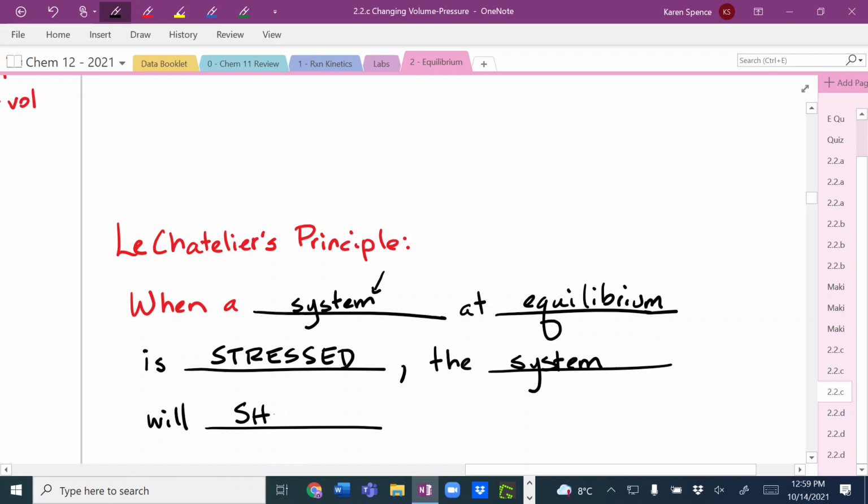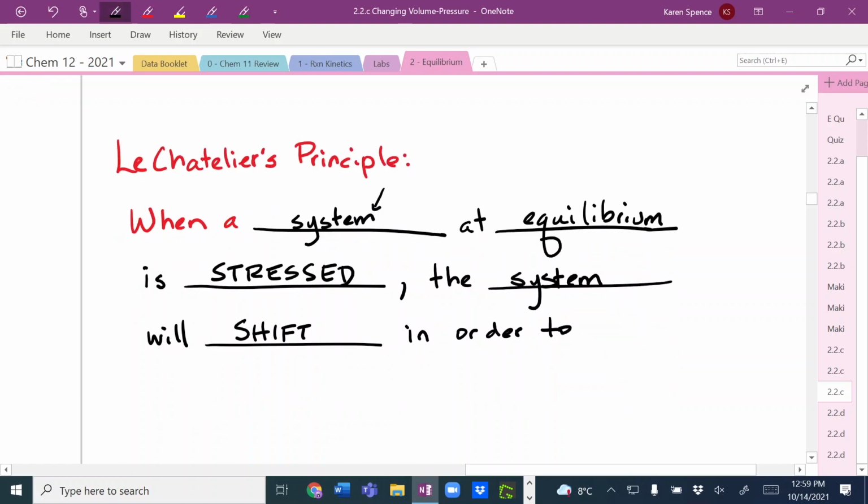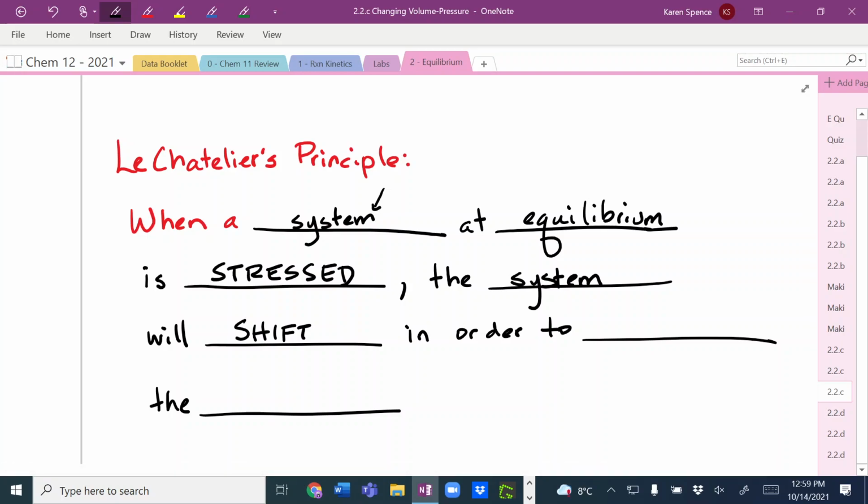Shift in order to... remember, what were you trying to do with stress during your grade 12 year? You're trying to minimize it, yes?